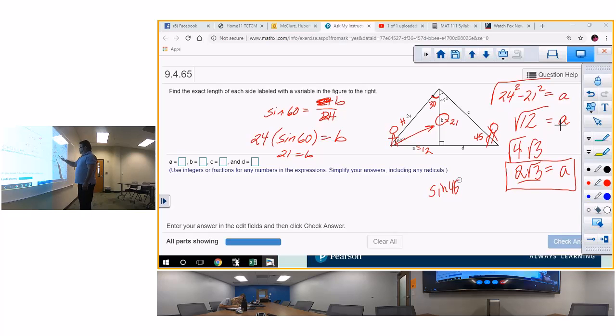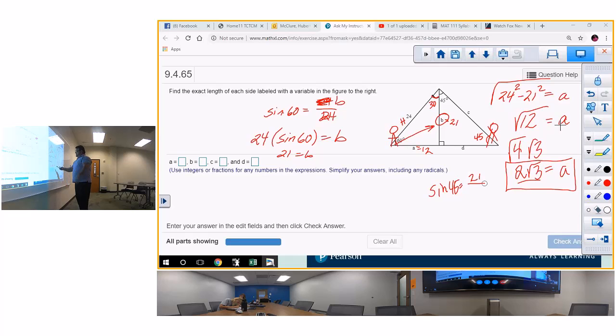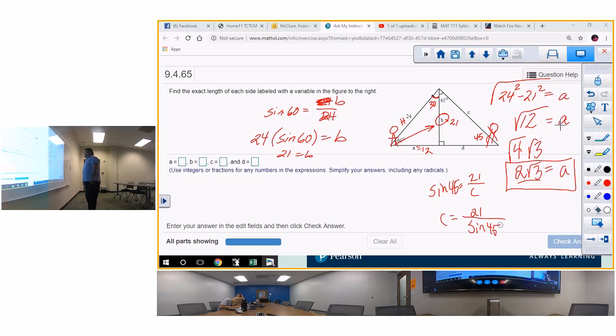Okay, so we got sine of 45 is equal to 21 over C. So C is equal to 21 divided by the sine of 45. Somebody do that for me. Multiply by C on both sides.